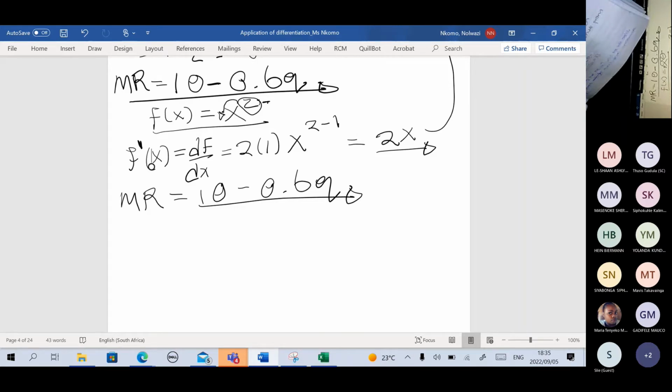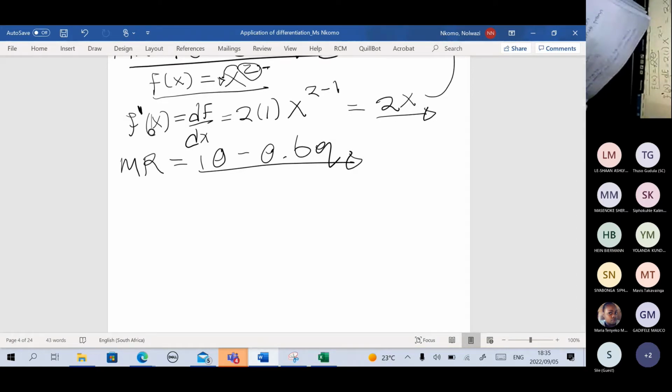We have the marginal revenue function, and we want to find the marginal revenue after a certain number of units have been sold. Let's say we are given that 10 units have been sold, and we want to find the marginal revenue after 10 units, right?